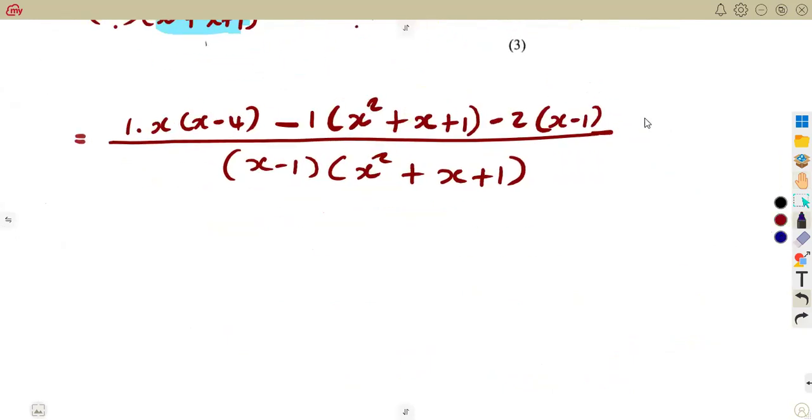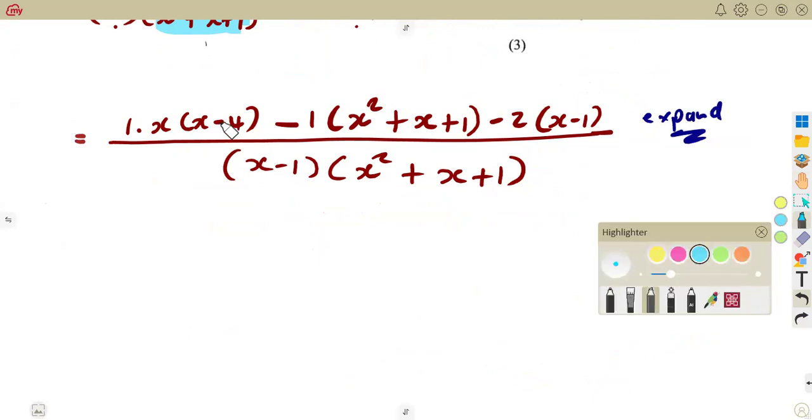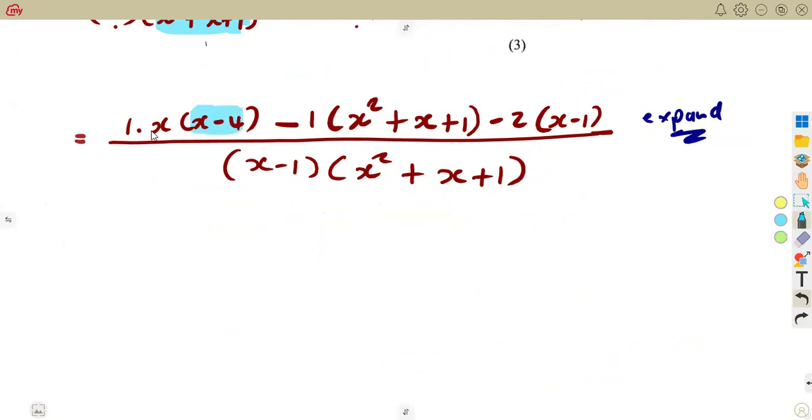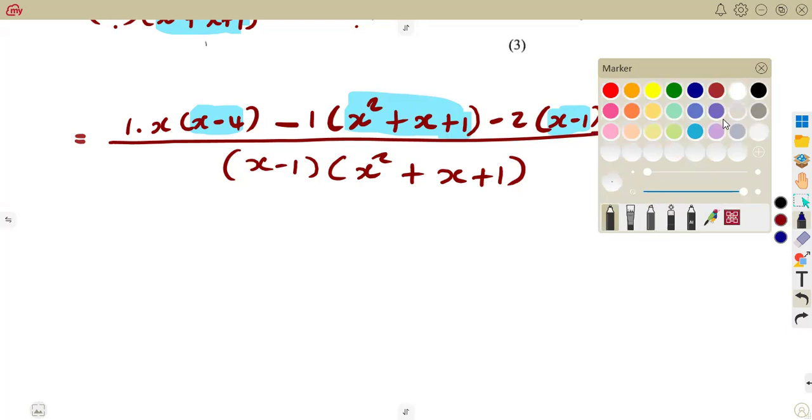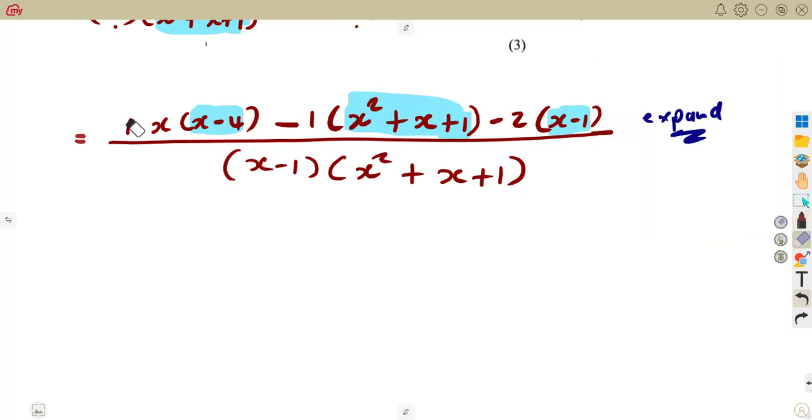So expand brackets and simplify. Each and every part that you are given, the first bracket, x minus 4, you expand by x, this one of x squared plus x plus 1, this one of x minus 4. For the first bracket, guys, do not even waste your time there, because this is 1x, just like we've got x there.